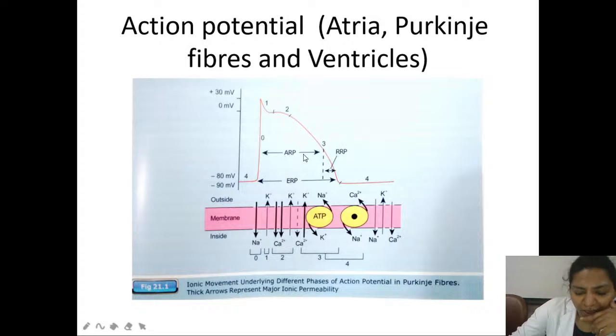So during the absolute refractory period, sodium channels are open here and inactivated here, right? And during the relative refractory period, sodium channels are in two states. They are either in the inactivated state or the closed state. Now the sodium channels that are closed can be opened if we give a stimulus that is much more than the normal stimulus.